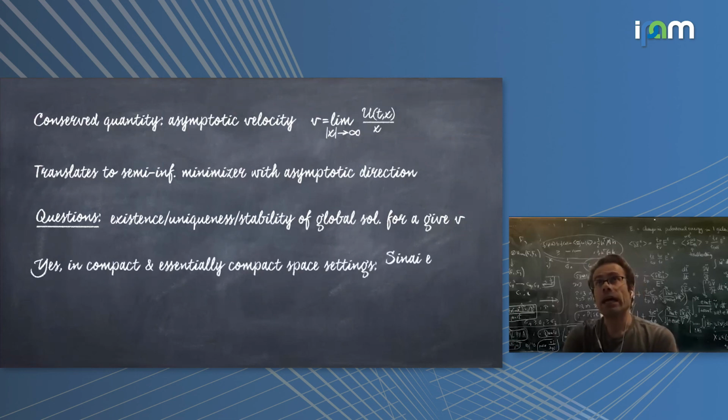Even with one initial condition, if you push it, will you get a limit, or various limit points? These questions were asked initially by Sinai and collaborators, and then Khanin and collaborators, but in settings where the space is compact, or essentially compact, meaning there is very fast decay in the spatial direction.